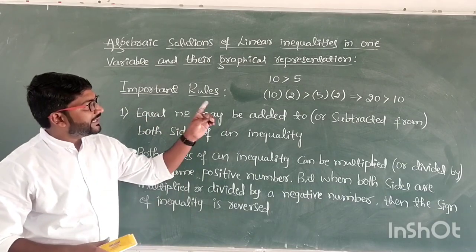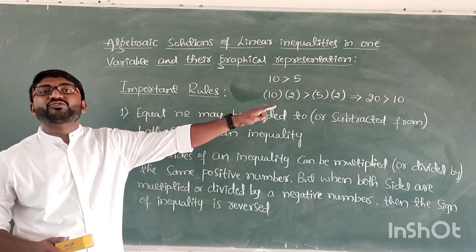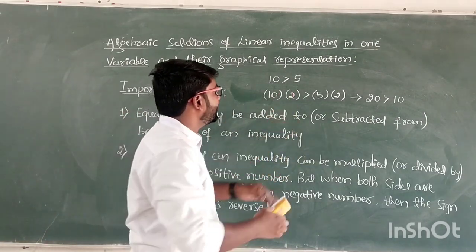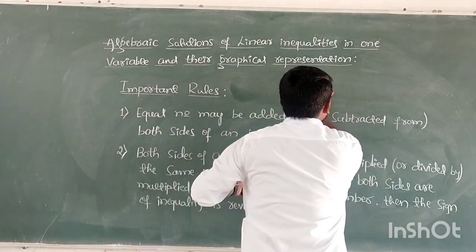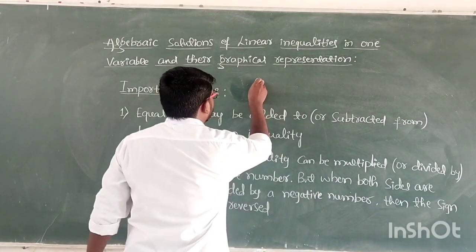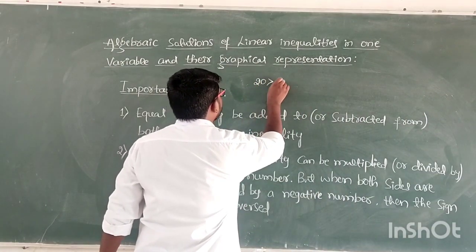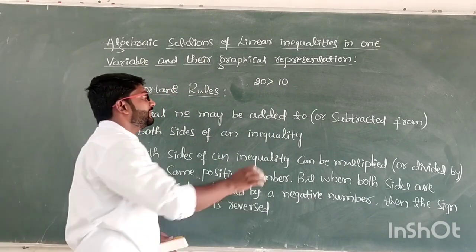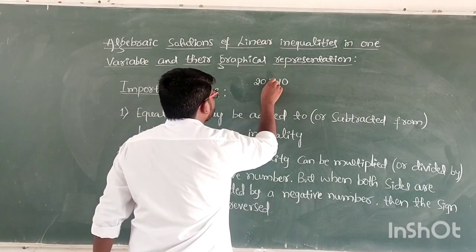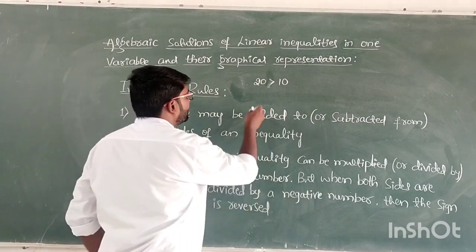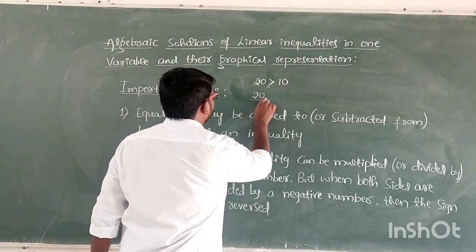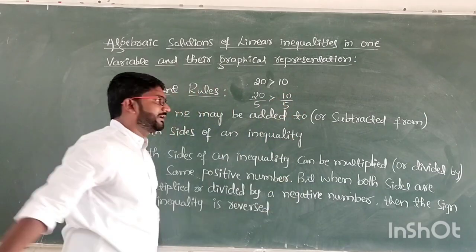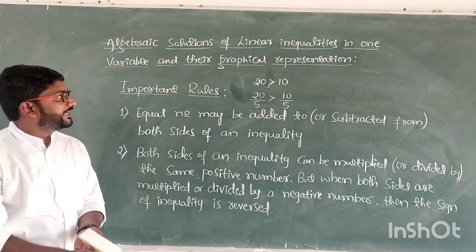So here we are multiplying by the same positive number. Similarly, we can divide by the same positive number. Let us divide both the sides of an inequality by the same number. So I'll take another example now. 20 is greater than 10. Let us divide both the sides by the same number. 20 by 5 greater than 10 by 5.